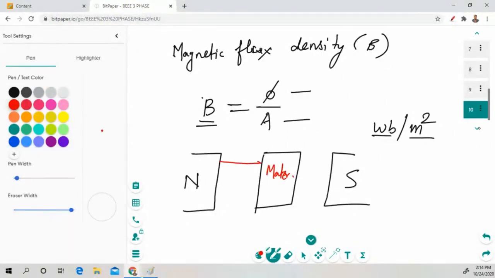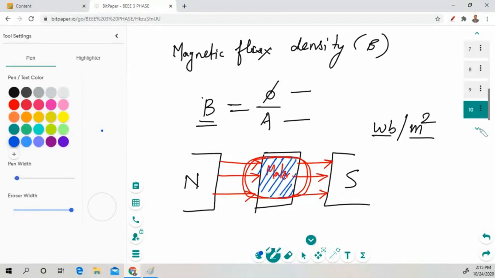When you place some material inside the north and south poles, magnetic lines cut this material through a particular area. Let's suppose this material is cut by these magnetic lines through this area. So to calculate the flux density, we consider this much area.